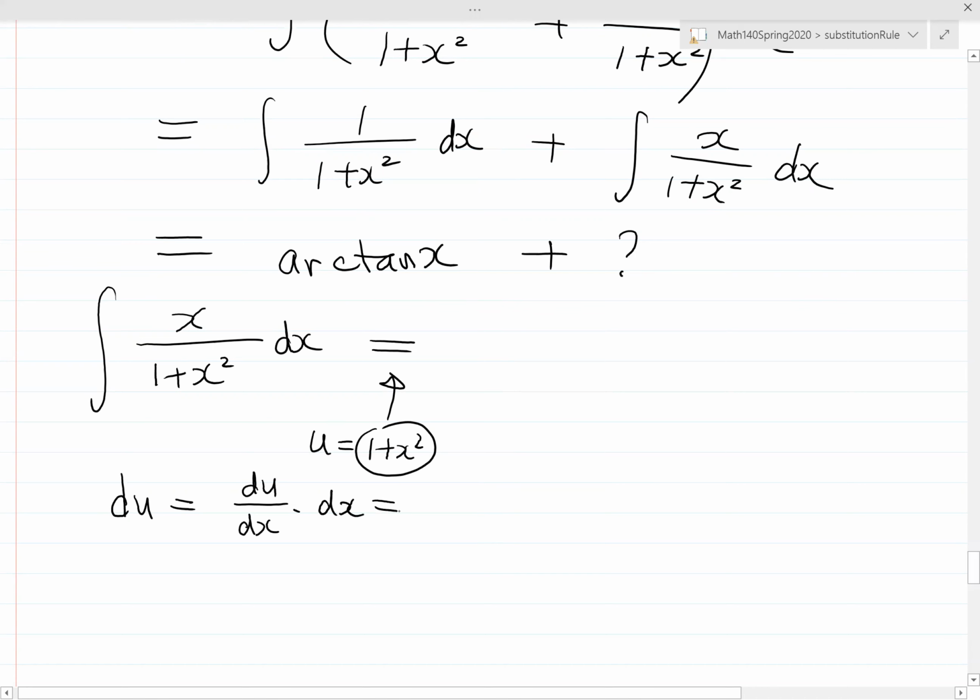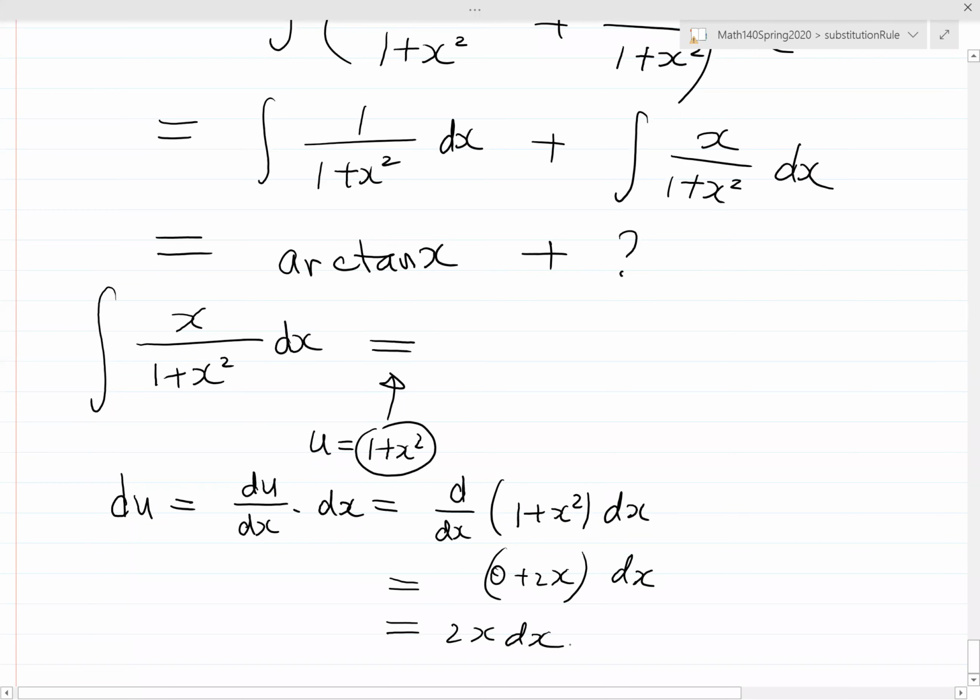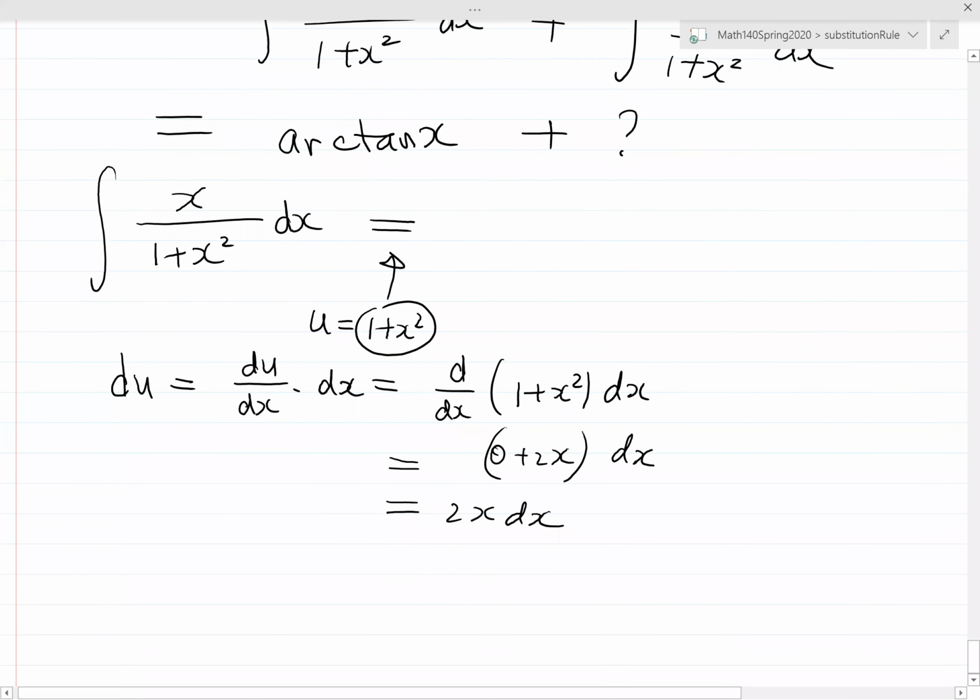The derivative of 1 plus x squared is 0 plus 2x, so du is 2x dx. Solving for x dx, we divide both sides by 2, and x dx is 1/2 du.